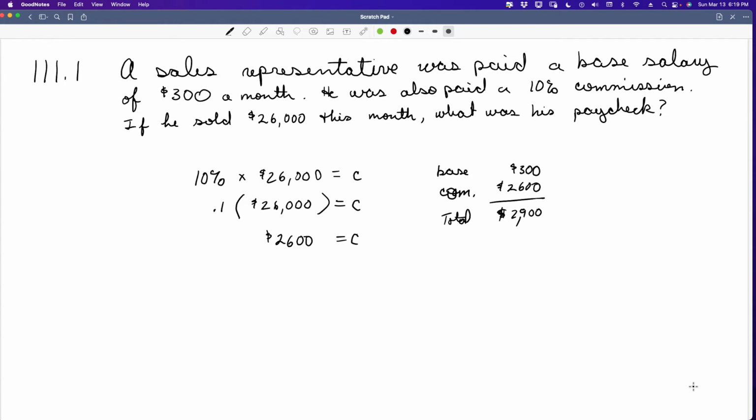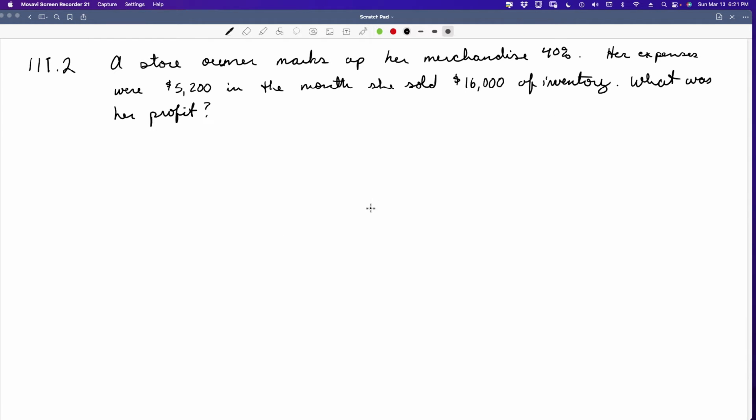Let me write 111.2 up here. All right, so in this problem, a store owner marks up her merchandise 40%. Her expenses were $5,200 in the month she sold $16,000 of inventory. What was her profit? So if she marks it up 40%, then we can say 40% times $16,000 of inventory.